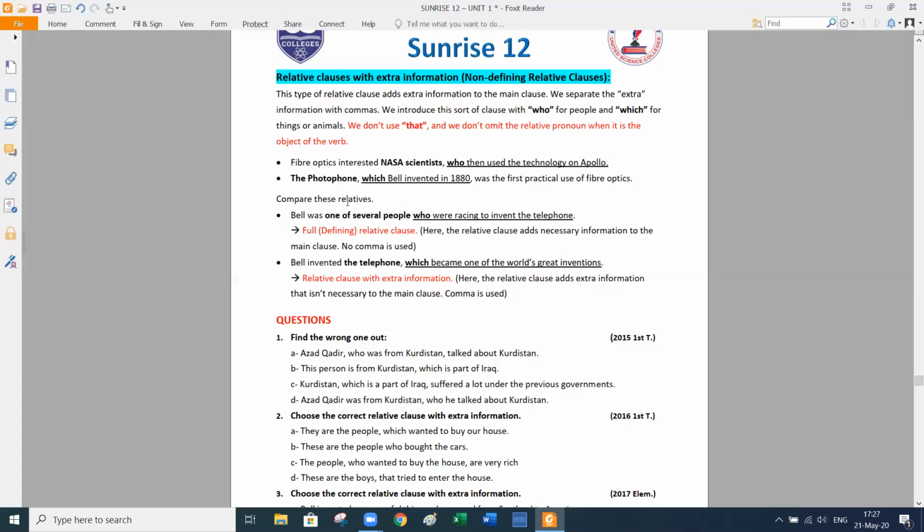Let's look at these examples here. Fiber optics interested NASA scientists, comma, who then used the technology on Apollo. Now, the first part of the sentence, I mean the main clause, fiber optics interested NASA scientists. This is the main clause, and the main clause is already complete.